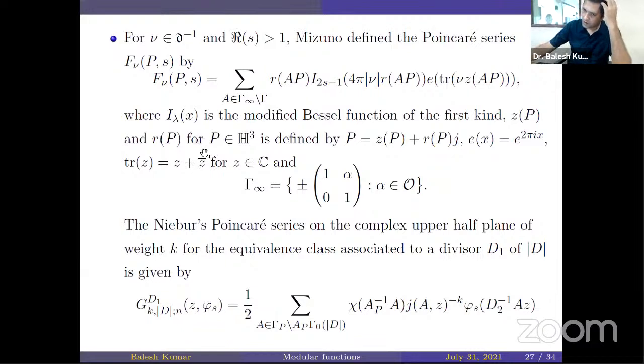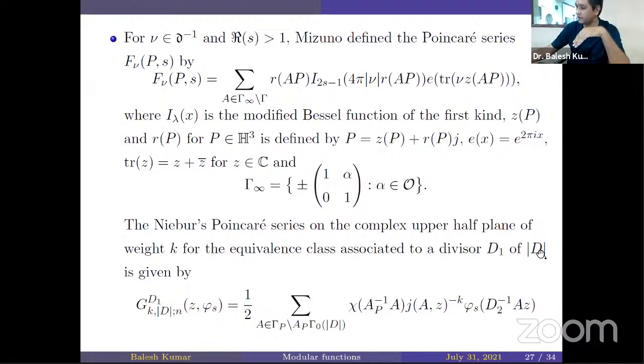Yeah, so he also constructed a suitable Niebuhr-Poincare series on the complex upper half plane of weight k, for the level gamma naught d. Here d is the discriminant of the imaginary quadratic field, and corresponding to each divisor of this discriminant, he constructed this Poincare series, and these divisors are related with the corresponding cusps of gamma naught d.